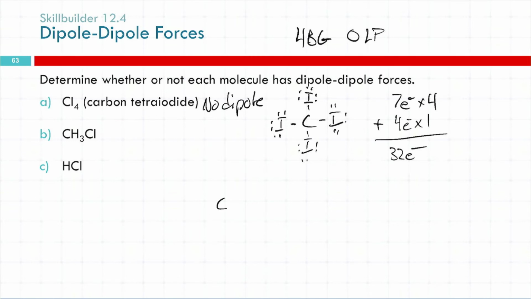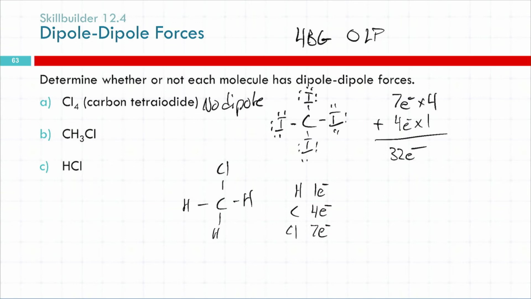CH3Cl. Carbon, we're going to put a chlorine here, and then we're going to put a hydrogen here, and a hydrogen here, hydrogen here. And we're going to say that H has 1 electron, C has 4 electrons, and chlorine has 7 electrons.